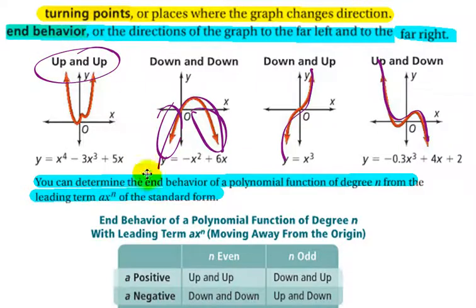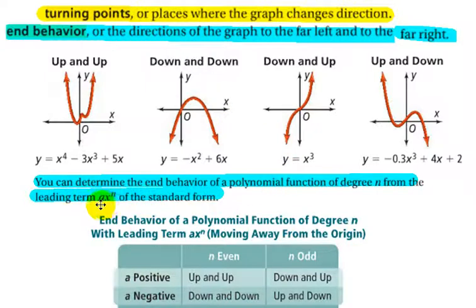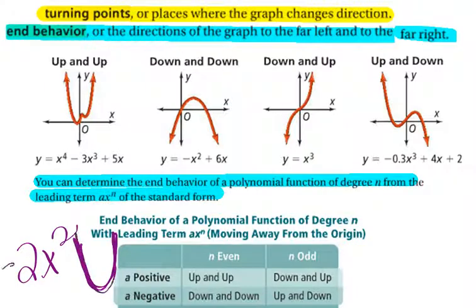It says you can determine the end behavior of a polynomial function of degree n from the leading term. So if you put it in standard form, you look at the power and you can decide what this is going to do. You can also look at your a term, the a and the n. If a is positive and your power is positive, think of 2x squared. That's a parabola that's facing upwards. And when our a term was negative, we had a parabola going downwards.